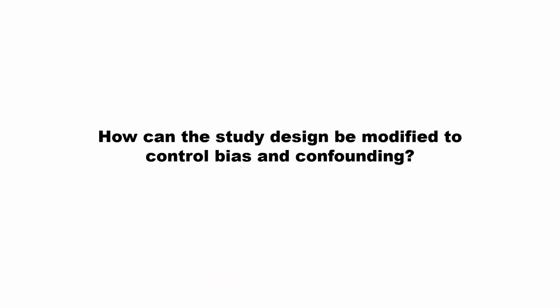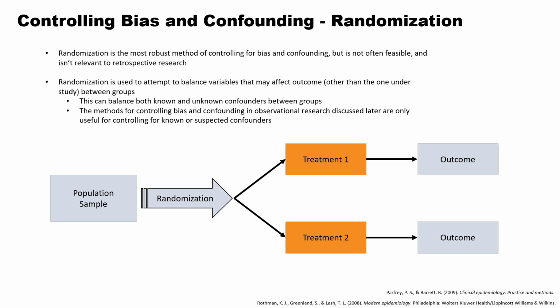So given these different types of bias that we've discussed, how can we modify our study design to control for bias and confounding? Well, randomization is the gold standard here, but it's not practical or not possible for retrospective research. Nonetheless, randomization is used to attempt to balance variables that may affect outcome other than the one under study between groups.